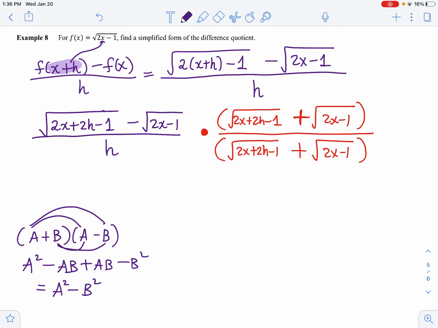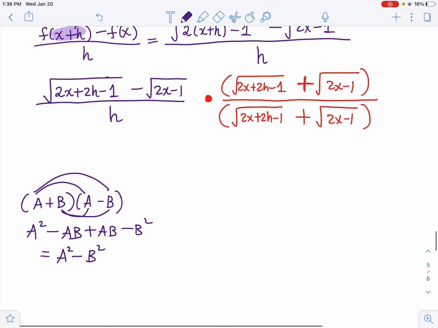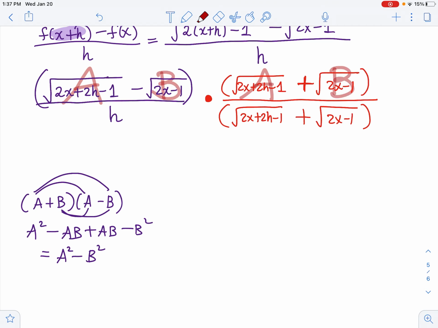So if you are multiplying a plus b times a minus b, a lot of things will cancel out. Take a look. Treat this as your a and treat this as your b. We are really looking at a minus b times a plus b.